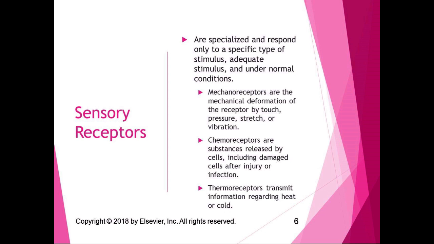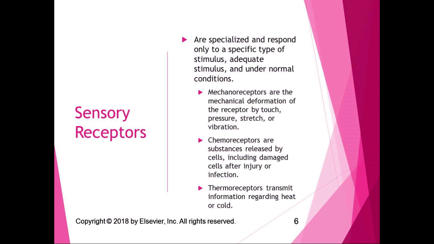Chemoreceptors are stimulated by substances released by cells, including damaged cells after injury or infection. We talked about a couple of them in the autonomic nervous system: the pressure receptors, those are mechanoreceptors that sense your blood pressure, and the chemoreceptors that sense CO2 and everything.